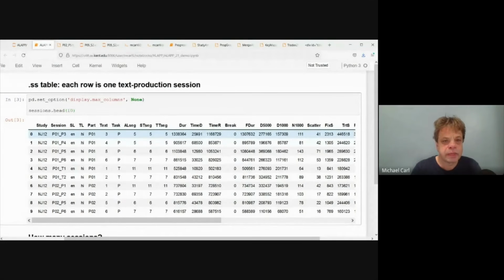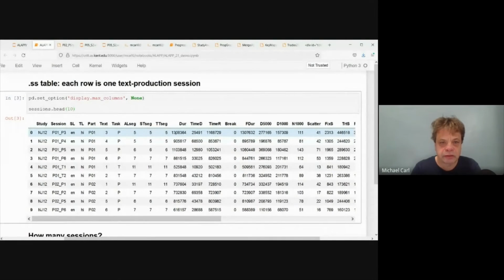So the first 25 seconds were orientation, and the revision phase starts after 1,168 seconds. This is after 20 minutes, and then the remaining time is spent in the revision phase. And you can see that here we have text number 3.